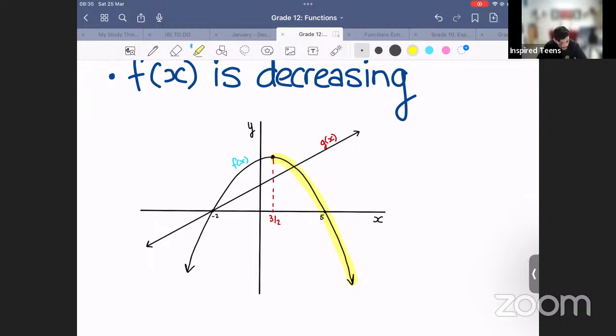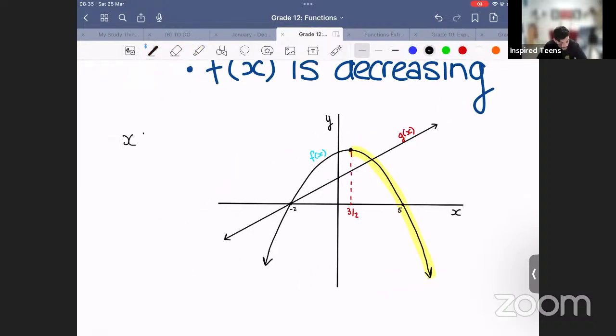Now, someone please tell me, how do we have to answer this? We have to answer this in terms of x values. We have to say x is an element of. Now we're dealing with x values, so the most left value and the most right value. So what is the most left value of the highlighted part of this graph?